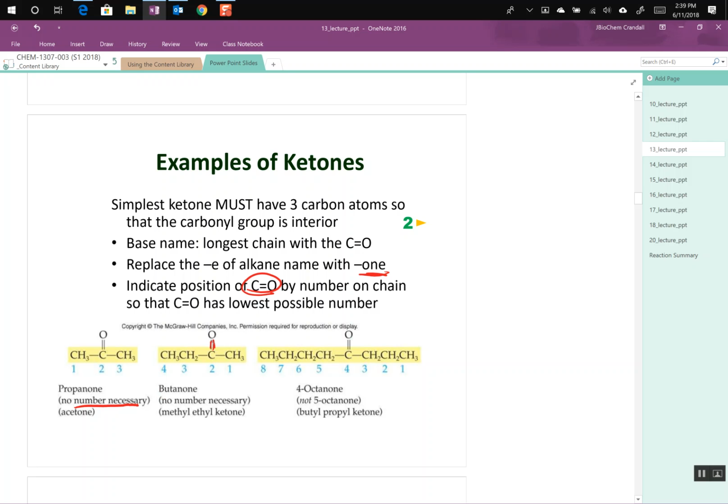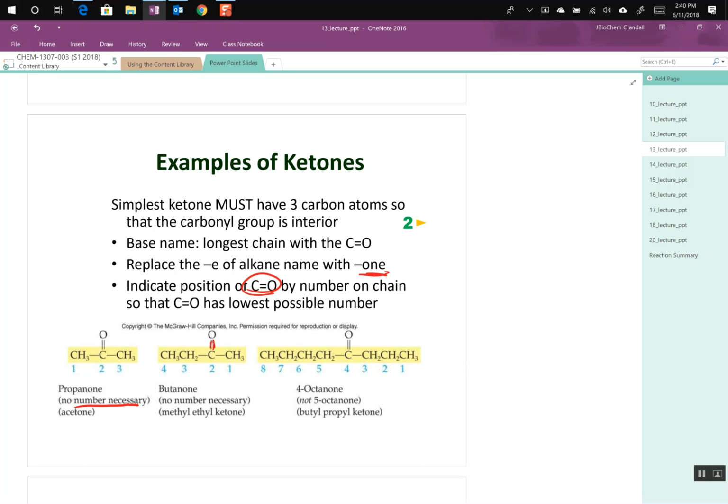For 4 carbons, it has to be the second carbon, whichever way you put it. So butanone. But once you move to 5, now you need to specify whether it's 2 or 3, because it could be either. But for propanone and butanone, you don't.